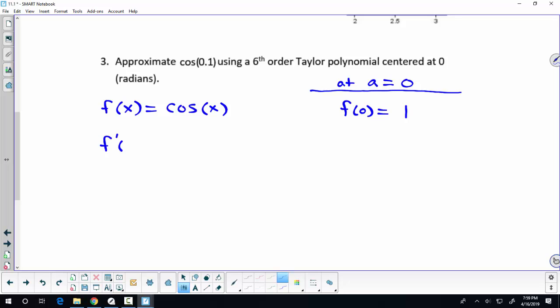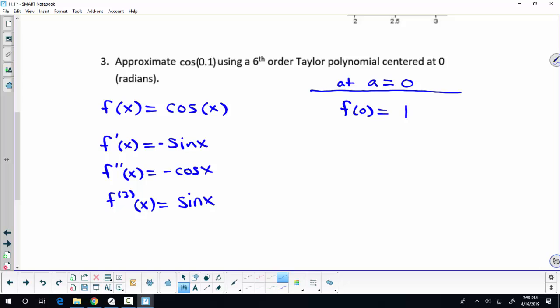First derivative, negative sine. Second derivative, negative cosine. Third derivative, sine.